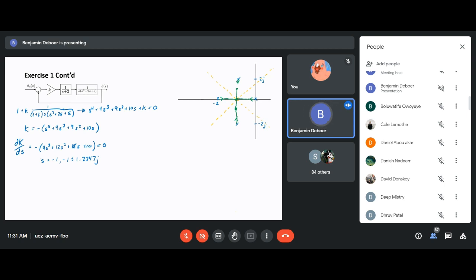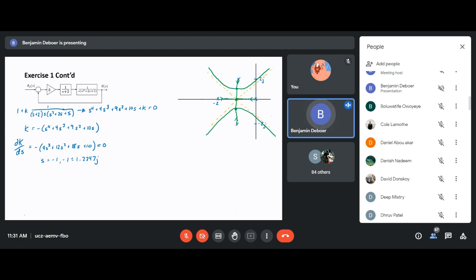See how we have three instances where the root loci meet, and every single time they split at a 90 degree angle. This root locus will come up and then follow its asymptote out, and these lines will go essentially to infinity for this problem. And so now you've successfully drawn your root loci.